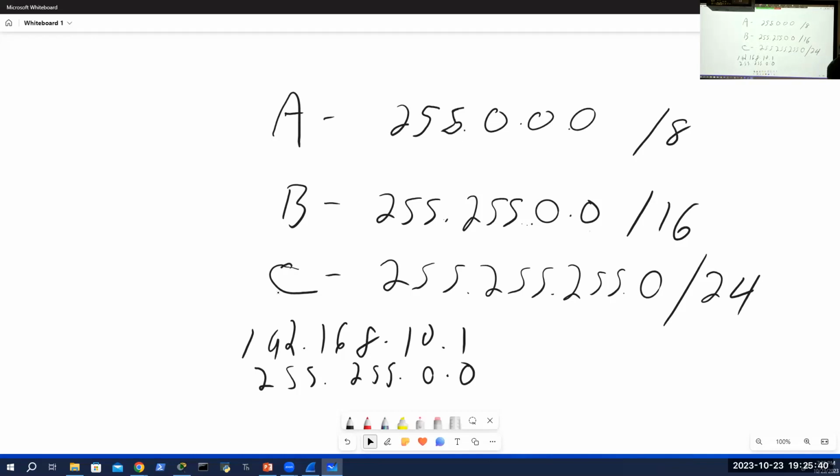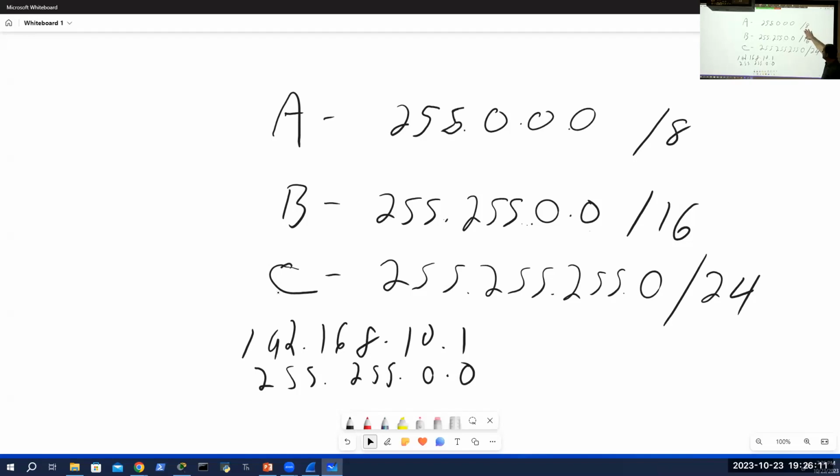But when we subnet, just get the idea of class out of your mind, unless I say, here's your address, and the subnet mask that goes with it is the default based on the class of the address. That's the only time I'll even mention class when we're doing subnetting. Okay, so the slash number just corresponds to the number of bits in the IP address that are part of the network ID.